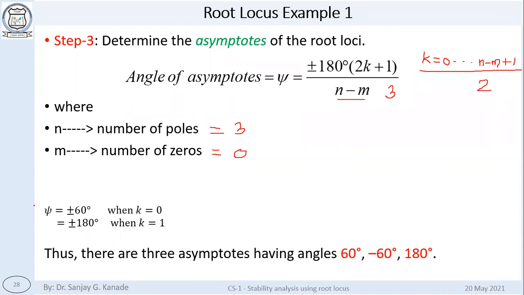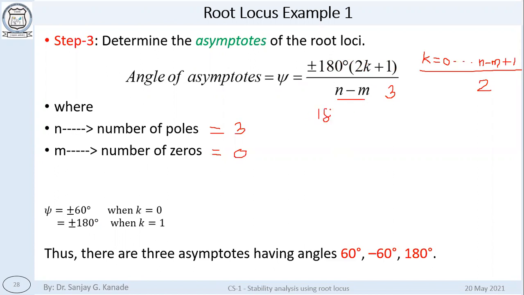So if we substitute these values, k is 0, so it is 180 into (0 plus 1), so 180 divided by 3.